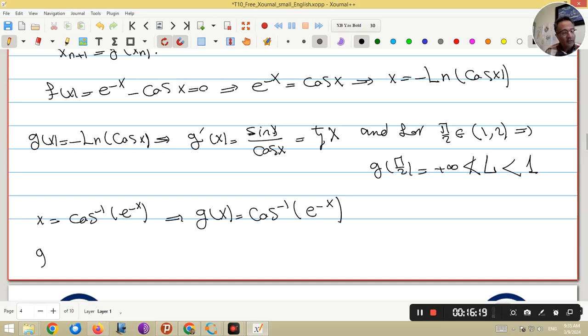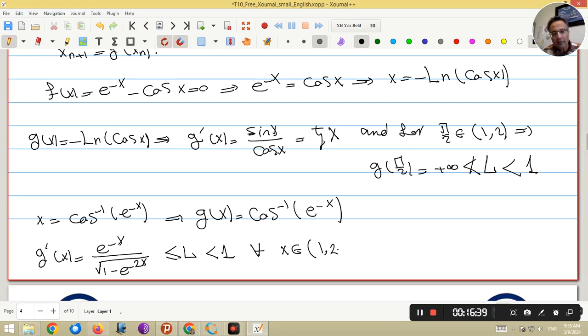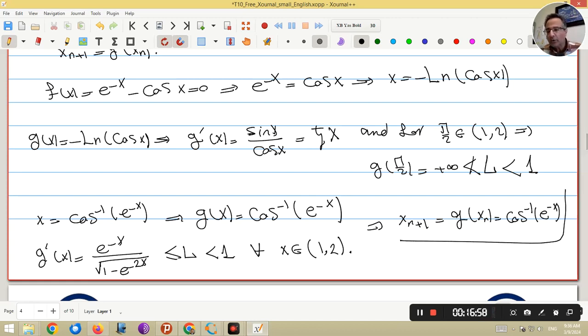In this case, we can get g prime of x equal to e to the power of minus x over the square root of 1 minus e to the power of minus 2x, and this is less than or equal to L, and less than 1 for all x in the interval 1 and 2. So x_{n+1} equal to g of x_n equal to cosine inverse of e to the power of minus x_n is a good choice for the fixed point method.